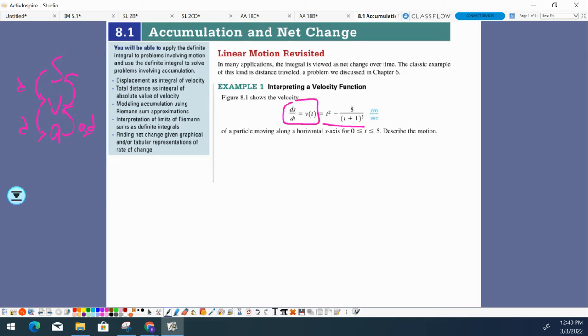Anytime you're given a window for time, I would always put that into your X min and X max. So you want your X min to be 0 and your X max to be 5, because that will narrow your window so you can only view what you need to talk about. If we graph that, it looks sort of like this.